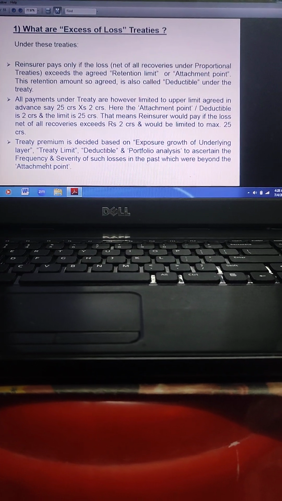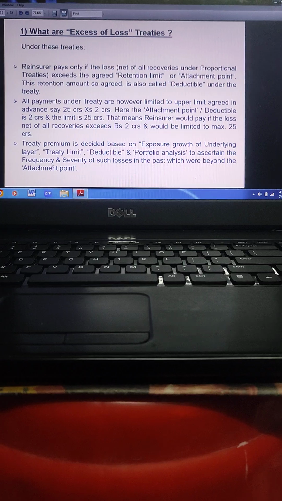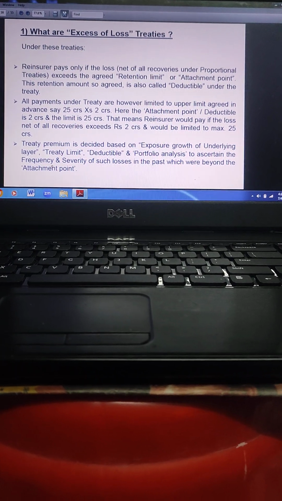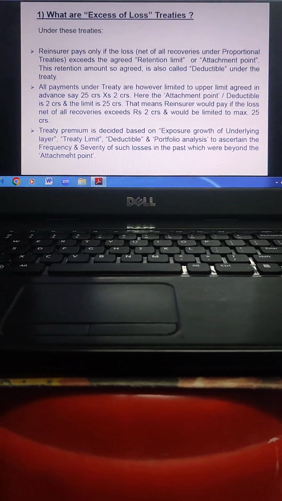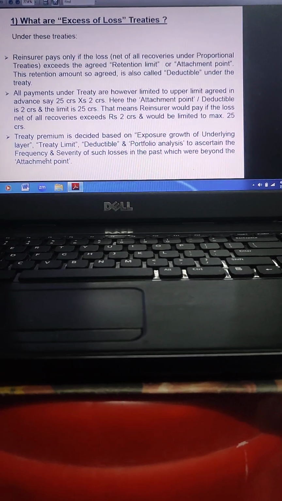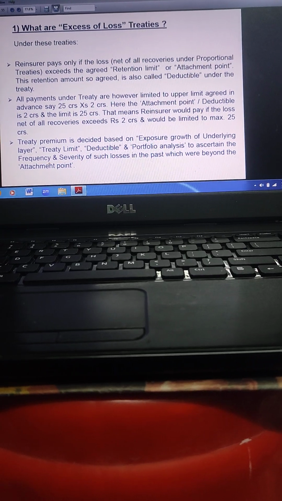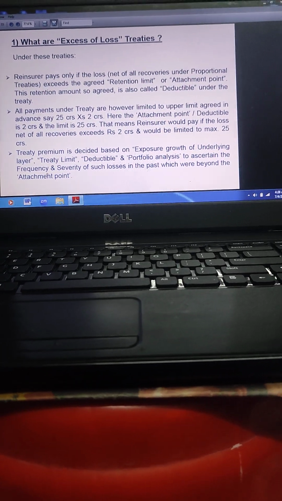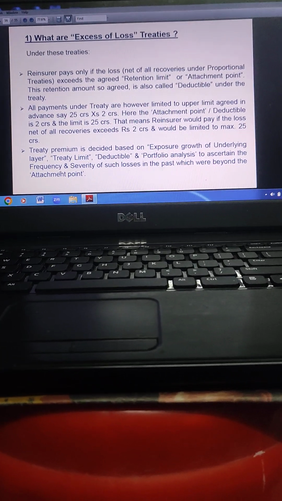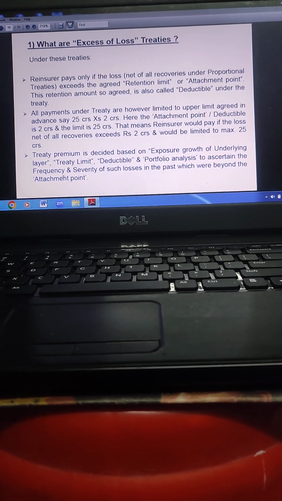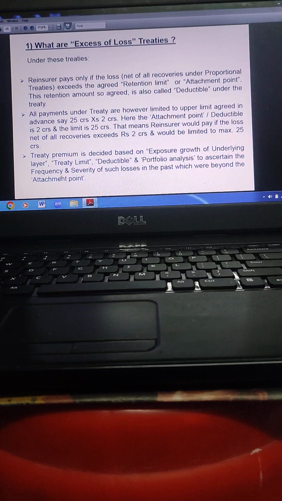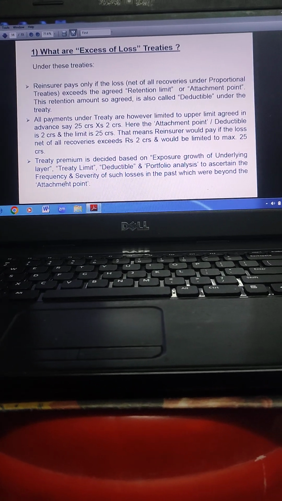That means the reinsurer would pay if the loss net of all recoveries exceeds 2 crores, and would be limited to a maximum of 25 crores. The treaty premium is decided based on exposure growth of the underlying layer, the limit, the deductible and portfolio analysis to ascertain the frequency and severity of such losses in the past which were beyond the attachment point.